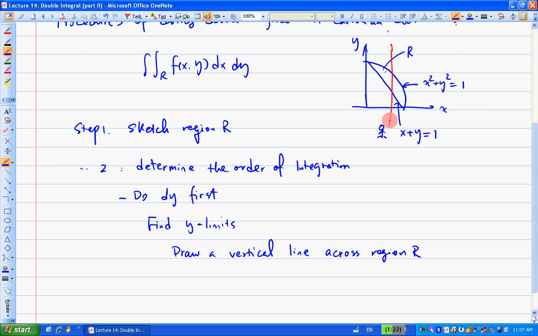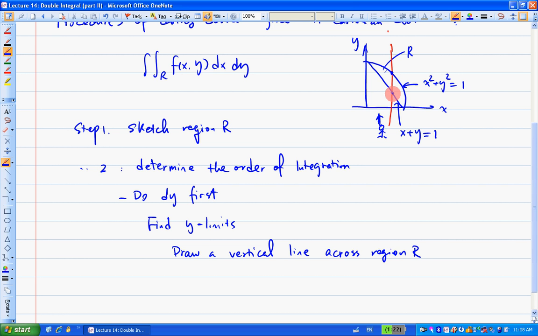The direction is always from bottom to top. He walks along the line, makes contact with the region R, keeps walking, and then exits the region R. So there will be two contact points.